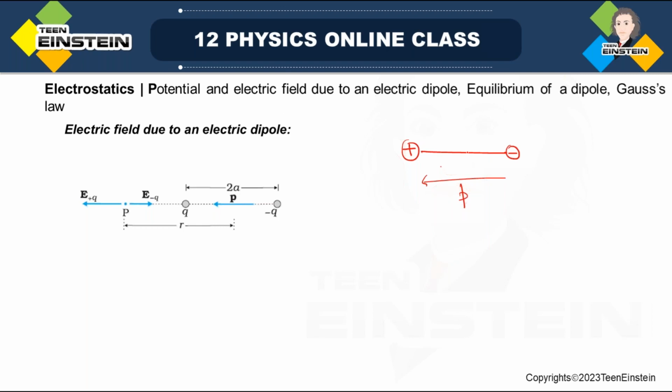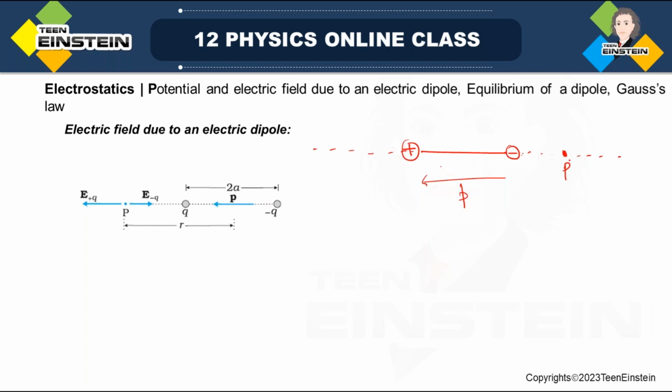If I want to calculate electric field due to this dipole, I have two options. One, at any point on the axis of the dipole. If I extend the line joining the charges on either side, then I get the axis of the dipole. So I can take a point like this to calculate electric field due to the dipole.